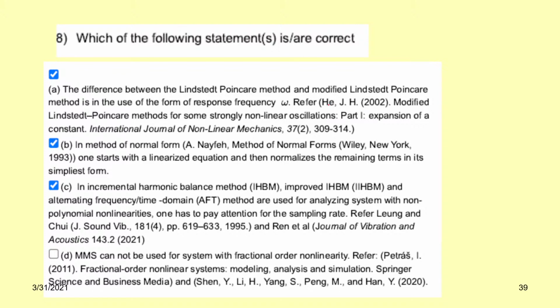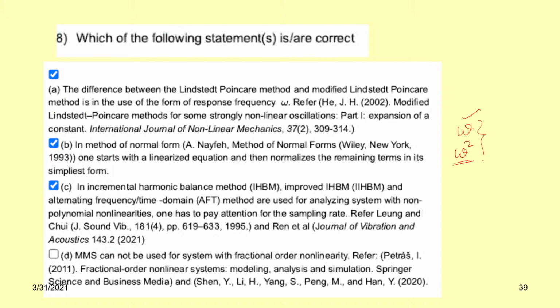Here you just see, in the case of the method of multiple scales, you have expanded your omega, but in the case of this modified Lindstedt-Poincare method, he has proposed to expand the term omega square. So instead of expanding in terms of the bookkeeping parameter epsilon, the term omega square is expanded.